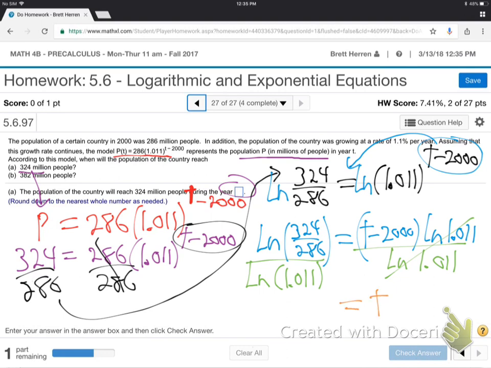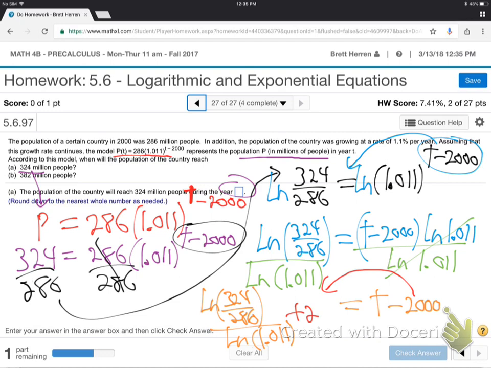We get t minus 2,000 is ln of 324 over 286, all over ln 1.011. Right? We good to there? Last step, add that 2,000 over, and t will be alone. That over plus 2,000.